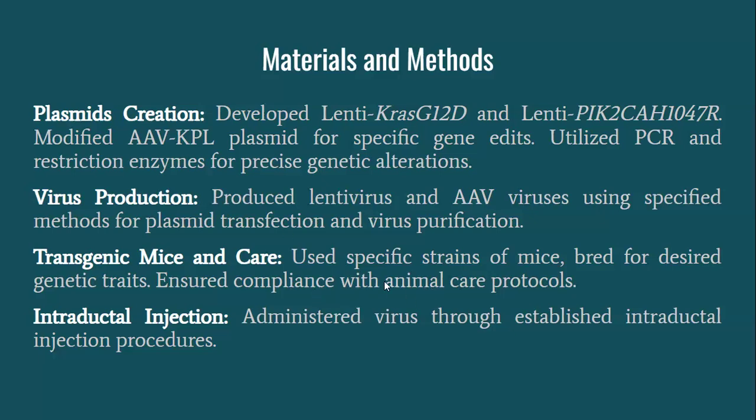Mostly female mice were taken in this research because females are more prone to develop breast cancer. And intraductal injection was also administered, using modified intraductal injection procedures, which meant that this injection was actually given in the mammary duct.